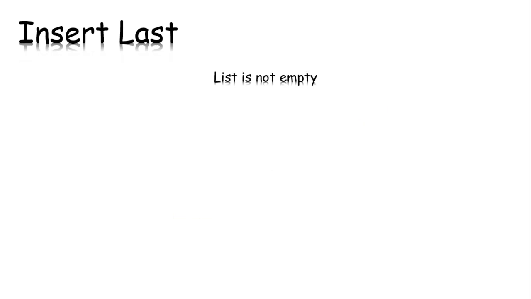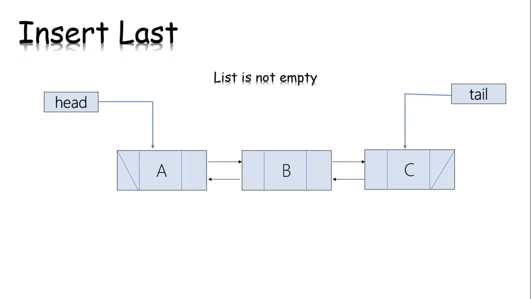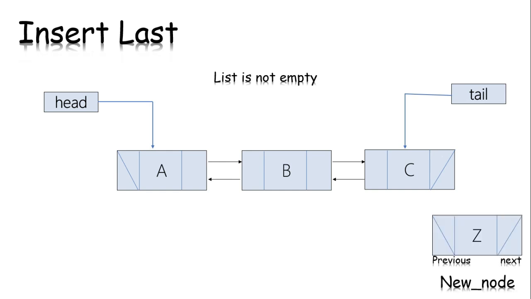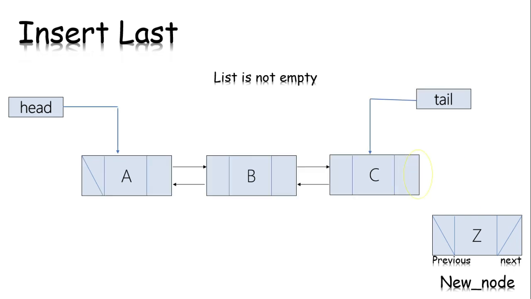Now let's see the situation when the doubly linked list is not empty. When the doubly linked list is not empty, the linked list will look like this. We have a pointer named head that points to the first node, and another pointer named tail that points to the last node. And if you wish to add a new node at the end of the doubly linked list here, then we need to adjust the next pointer of the node pointed to by the tail to point to the new node.